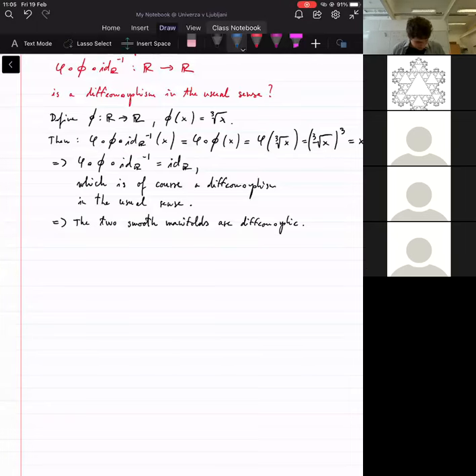Yeah, and let's now consider some very basic examples of smooth manifolds. Okay, so first of all, finite dimensional vector spaces.